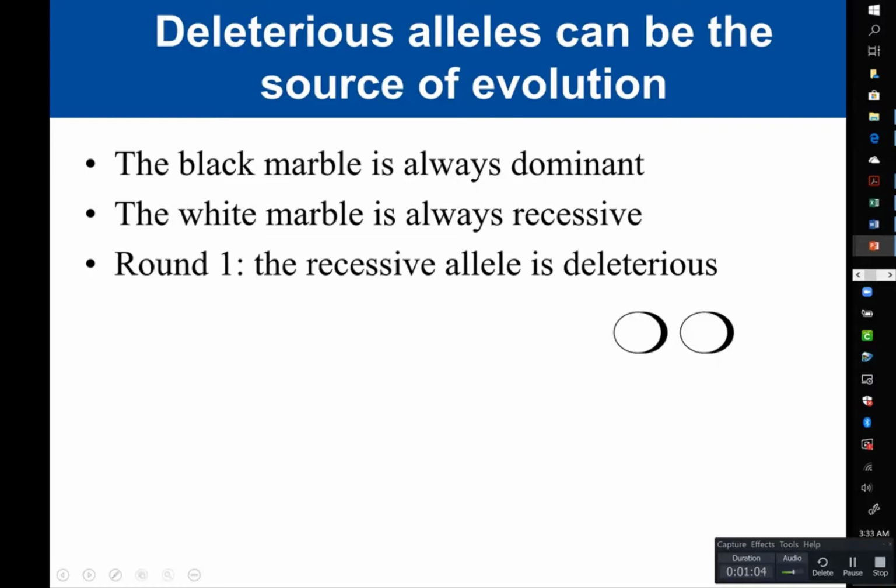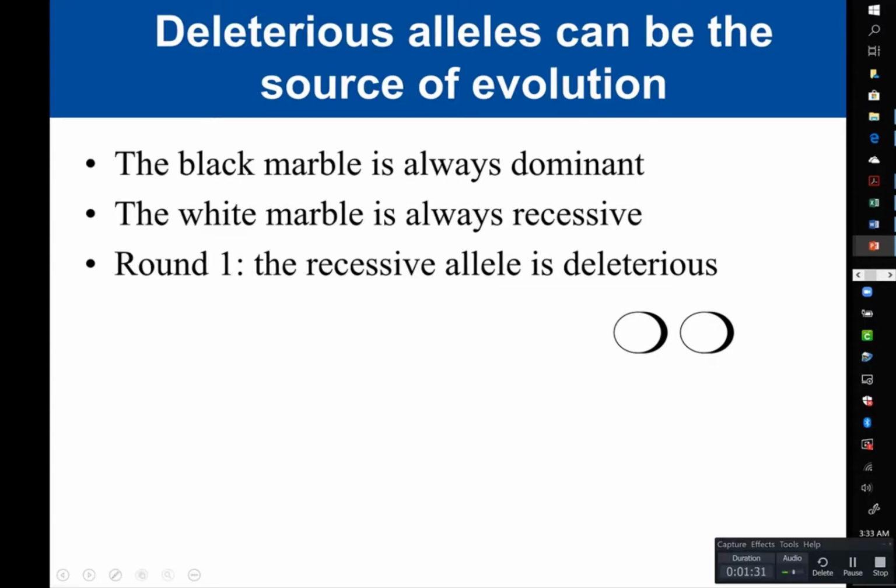What you saw in that video was that in the 5 generations that we looked at, the white marbles did not disappear from the population. That's because heterozygous individuals will keep that recessive allele in the population.